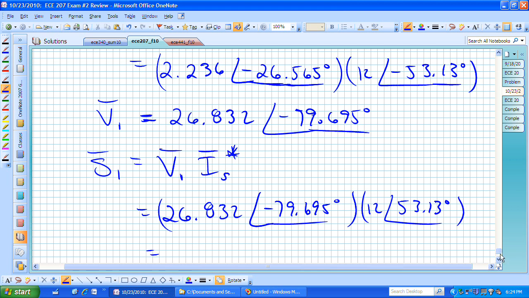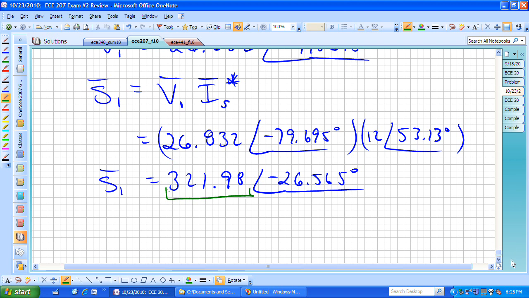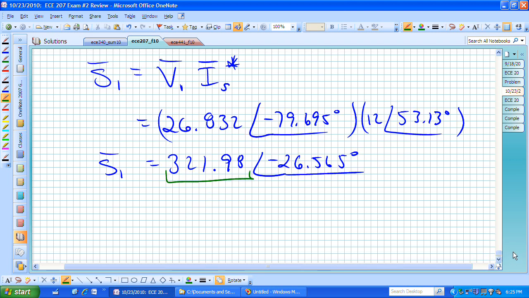For our complex power, we have 26.8 times 12, or a little bit more than 300. So we have 321.98 at an angle of minus 26.565 degrees. We now can identify our apparent power, but let's not get too carried away.